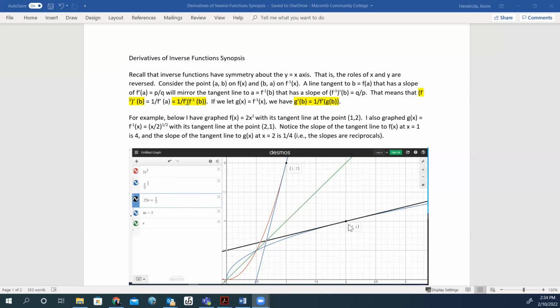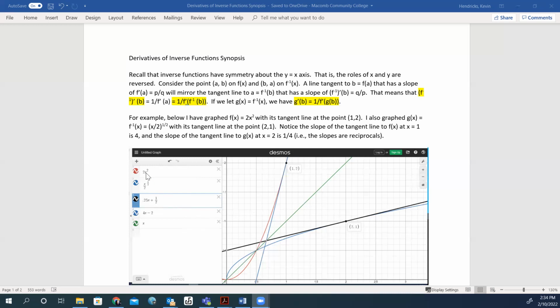Then the derivative of the square root of X over 2 evaluated at 2 would be the reciprocal of the derivative of the inverse function 2x squared evaluated at 1.